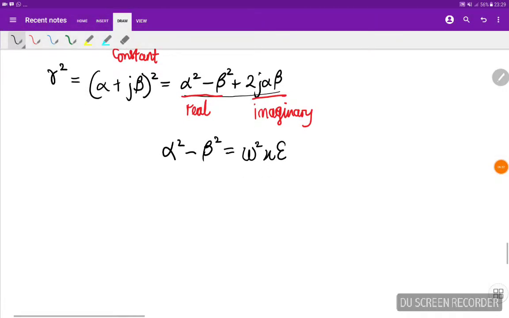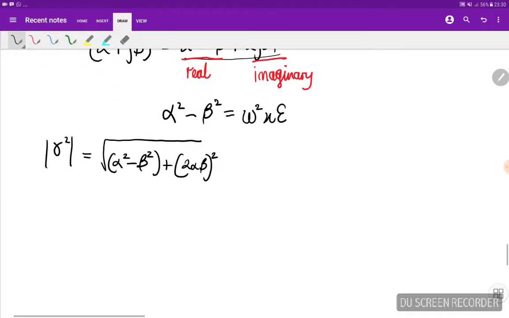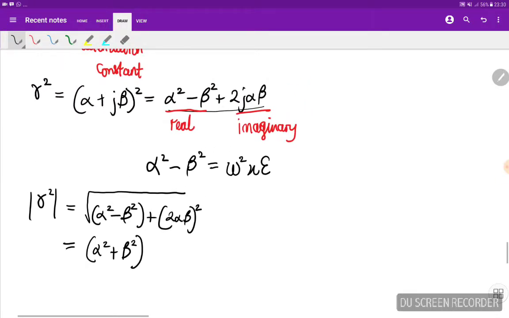Alright, now let's find the magnitude of the propagation constant squared. That's going to be the square root of the real part, alpha squared minus beta squared, plus the imaginary part, 2 alpha beta, squared. Now remember what we got as our final answer: alpha squared plus beta squared.